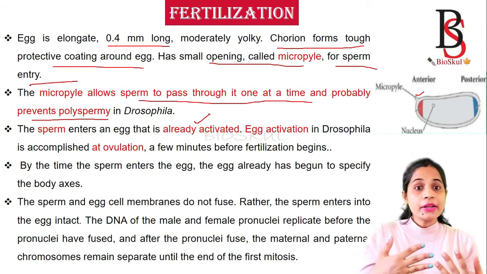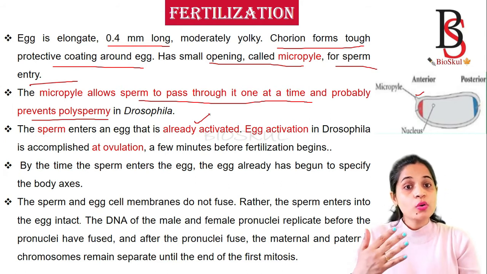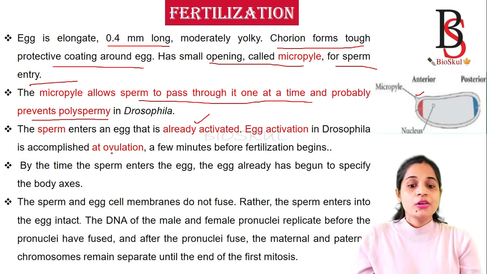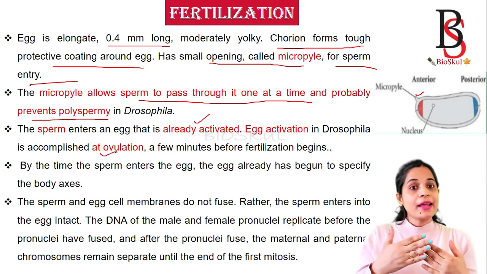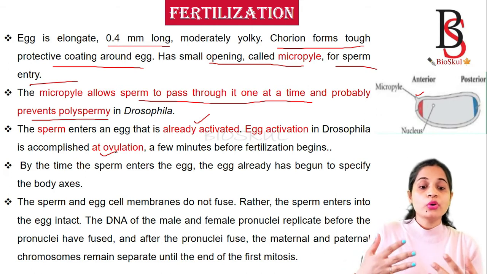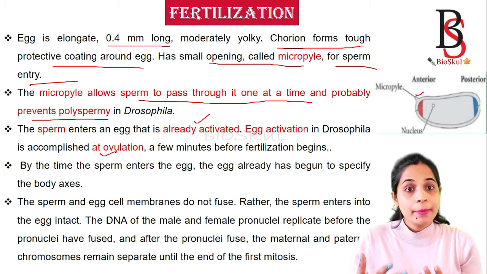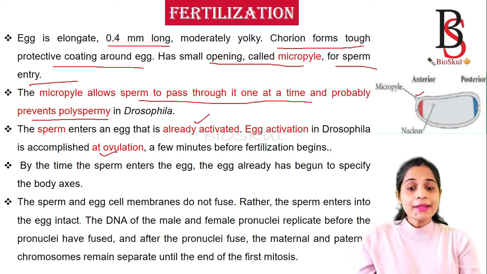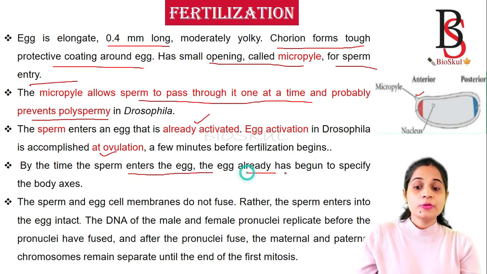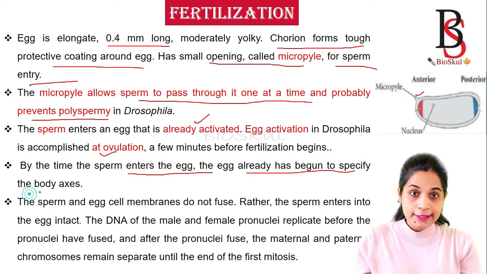Similarly, egg activation in Drosophila is accomplished at the time of ovulation. So the sperm and the eggs are activated a few minutes before the process of fertilization begins. By the time the sperm enters, the egg has already begun to specify the body axis.